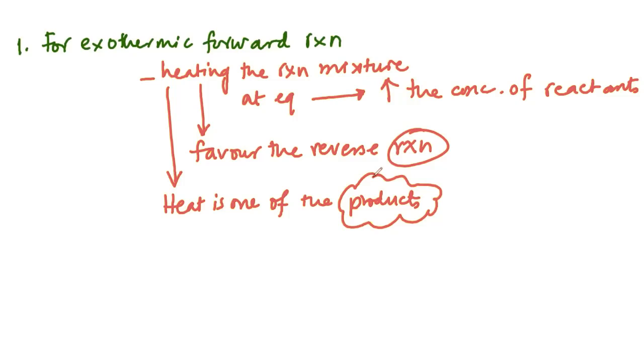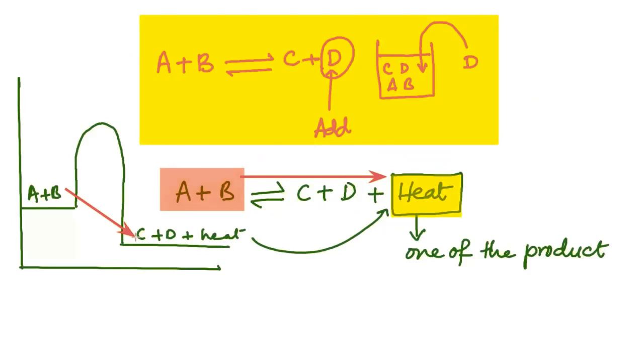If you add more product to an equilibrium mixture, the reverse reaction is favored. If you are heating the reaction mixture, the ability of A plus B to release heat is going to decrease. They will not be able to do that because now there is already too much heat. They cannot be producing or releasing more heat.